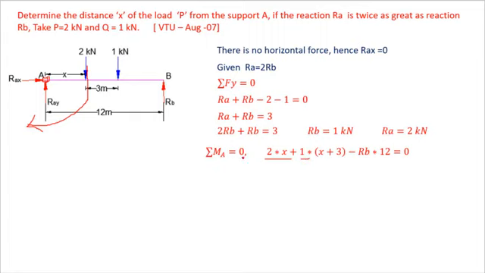Next I have 1 kilonewton, which is also positive: 1 into the total distance, x plus 3. Then I have Rb, which will move with respect to point A anti-clockwise: Rb into 12. Solving this, we get x equal to 3 meter. That is the answer.